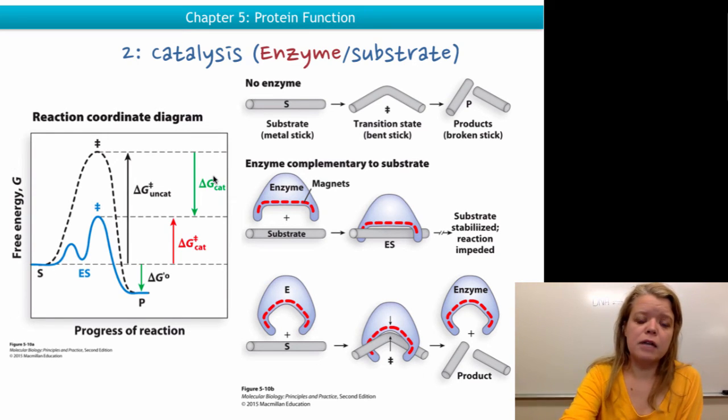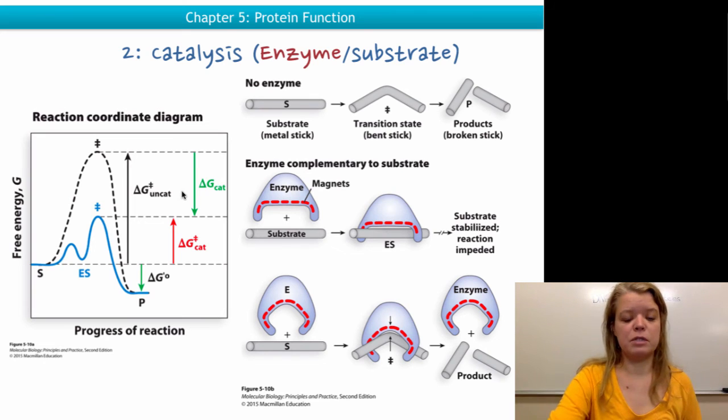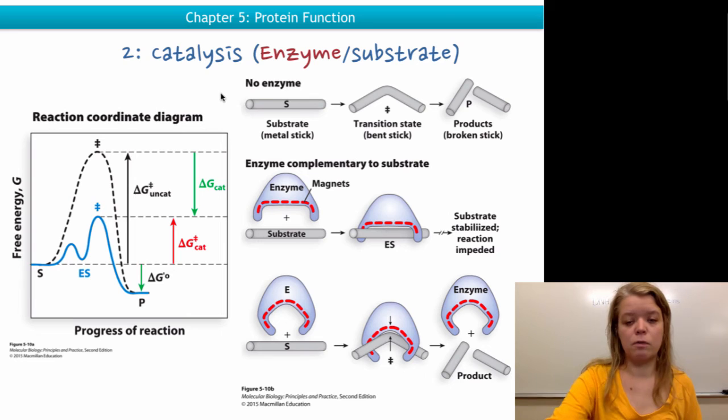And this diagram just graphs out the delta G's and the changes in delta G that the enzyme is able to achieve. So this sort of reaction without the enzyme would be this black line, where a really large activation energy is required, so the Bunsen burner, in order to have the stick break.